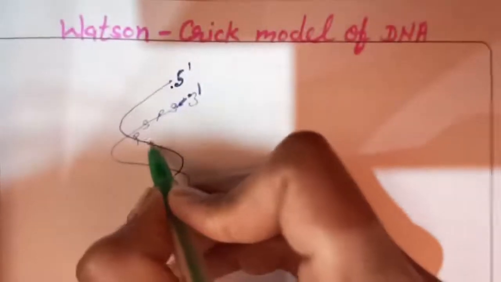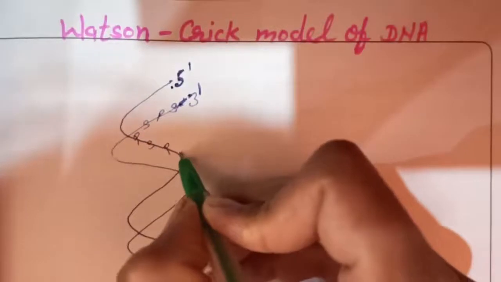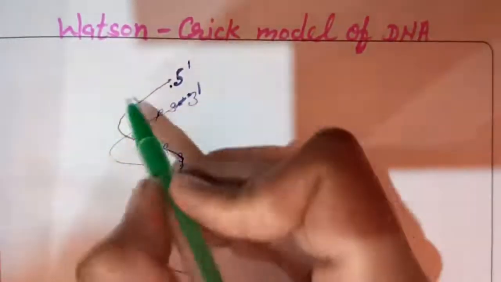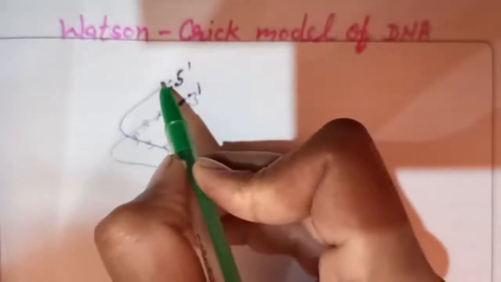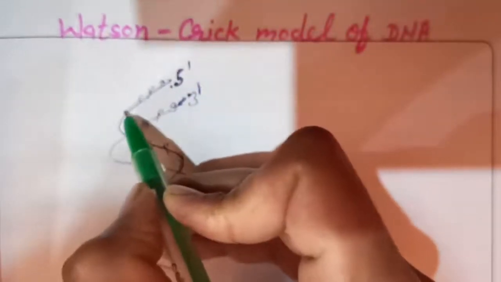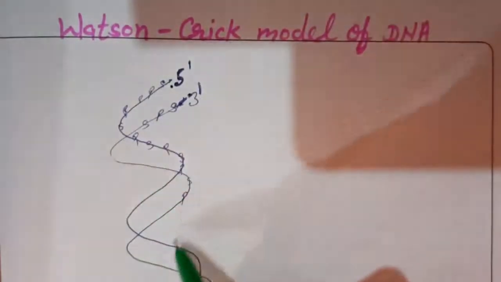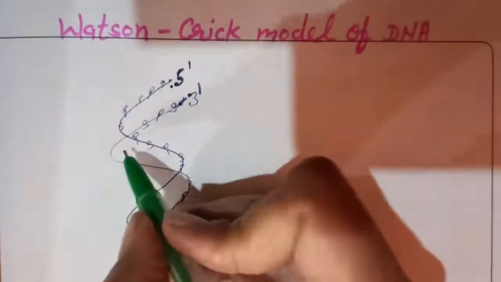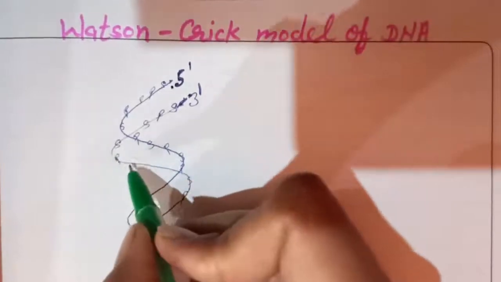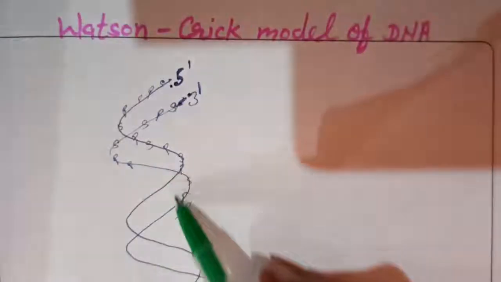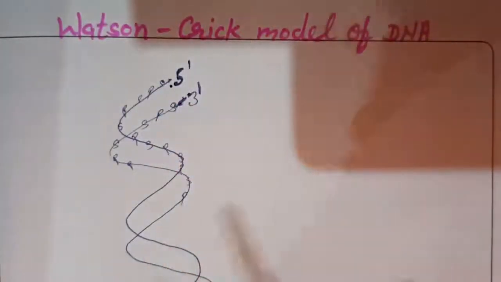Likewise here also you will show the sugar and phosphate on the whole length of these polynucleotide chains. I am not labeling the whole chain because it will take time. So you will write the sugar phosphate like this.